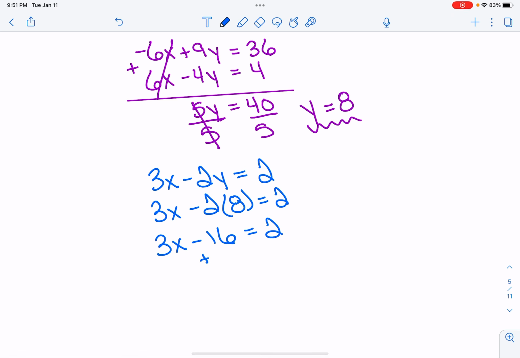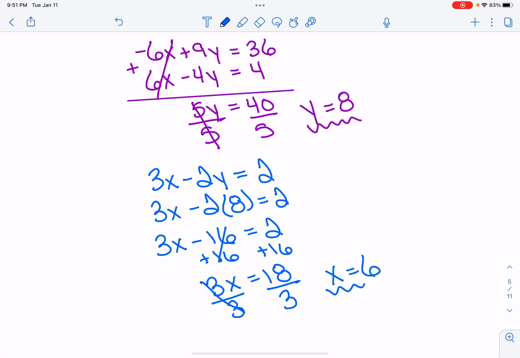And then we're trying to get x alone, so we add 16 to both sides. So we get 3x equals 18. And last step, divide both sides by 3, and we get x equals 6. So final answer, 6, 8.